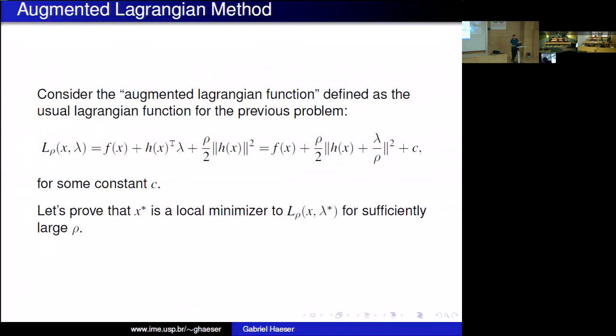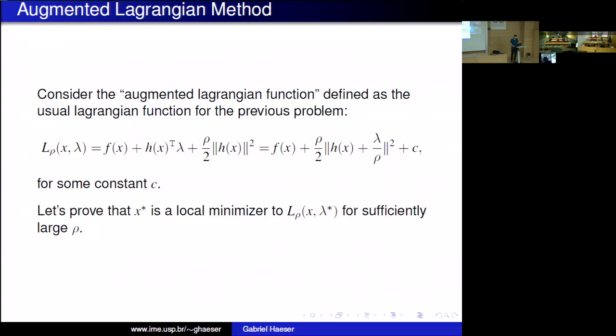You can think of this as, instead of applying the external penalty method where you penalize the constraint h of x, you penalize a displaced violation of the constraint. Okay, you're not penalizing the violation of the constraint, but a displacement given by this parameter. And it's intuitively correct to think that as rho tends to infinity, this displacement should be 0. You should penalize the constraint, not merely a displacement.